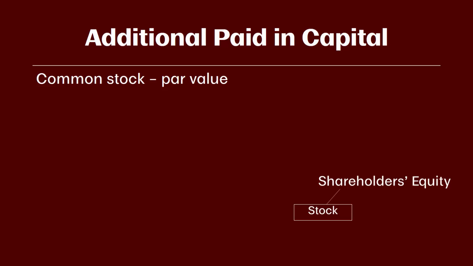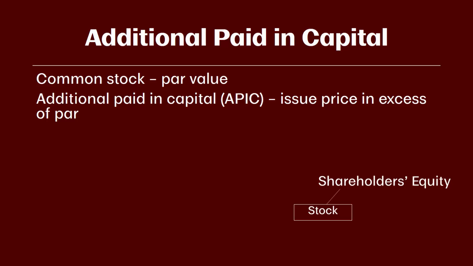That par value goes into the account we call common stock. Additional paid-in capital, or APIC, is the original issue price of the stock over par value, or we say the issue price in excess of par value. That excess over par value is going to go into an account titled APIC.